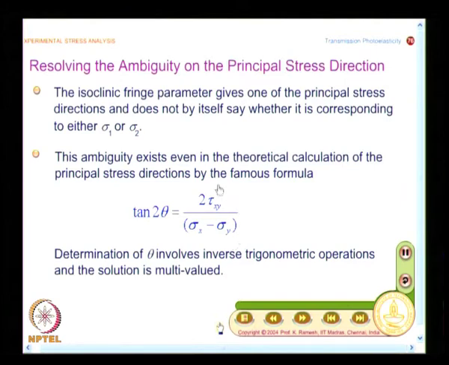When you find theta from this, because theta evaluation uses inverse trigonometric operations, the solution is multi-valued. You do not know whether it represents the theta 1 direction or the theta 2 direction.